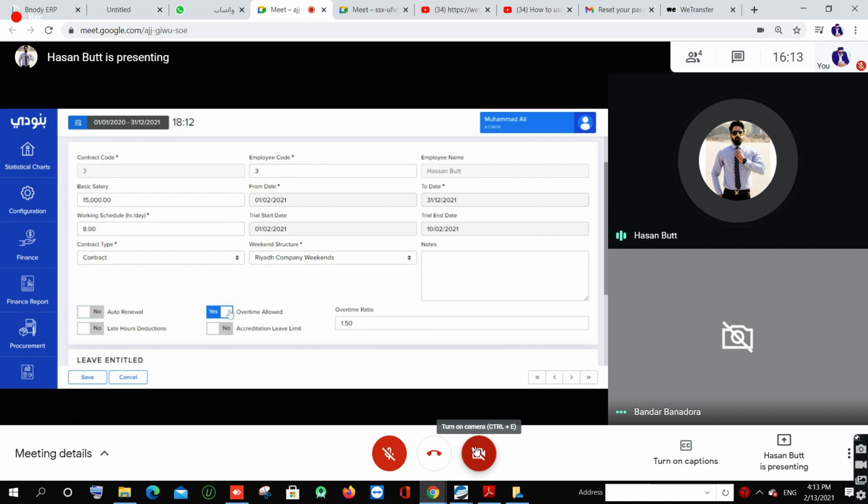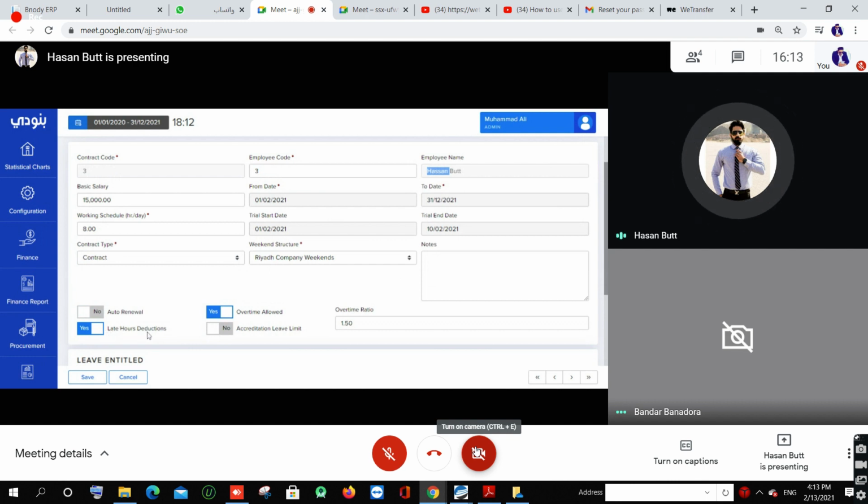So if you want to allow this employee overtime, you can make it yes. And after that, this is the late hours reduction. When we go to the attendance portion, brothers, you will see the deduction of the late hours as well, and the deduction from the salary. So if you make it yes, it means that if he comes late, it will be deducted.